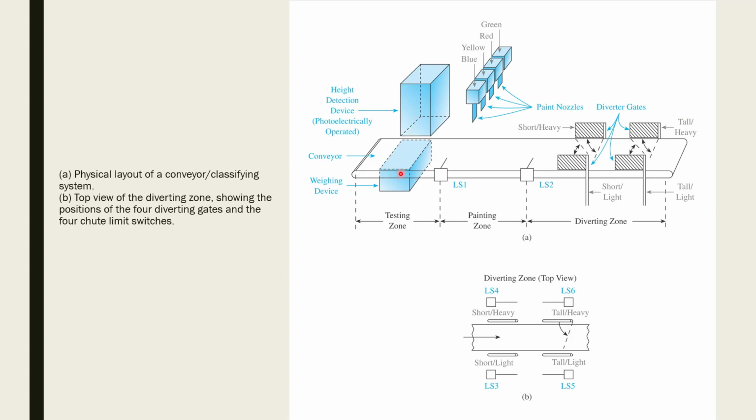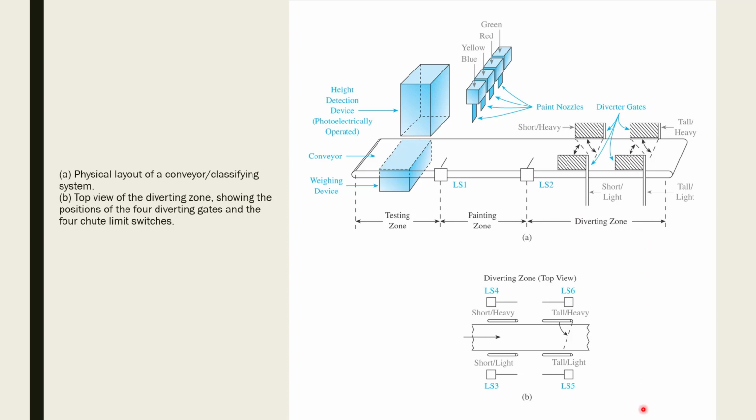Once it's tested, it leaves the testing zone and it enters the painting zone. And in the painting zone, it's sprayed the appropriate color, one of these 4 colors, depending on what color's been designated for what classification of part. Once it's painted, it leaves that painting zone and enters the diverting zone where, based on the color and its classification, it's diverted into its appropriate bin.